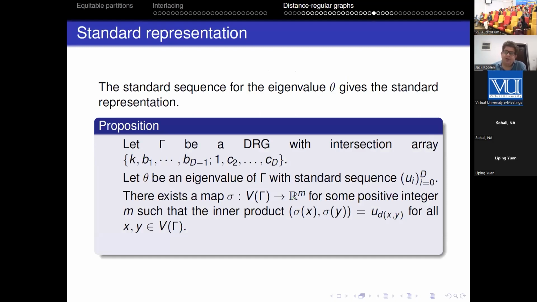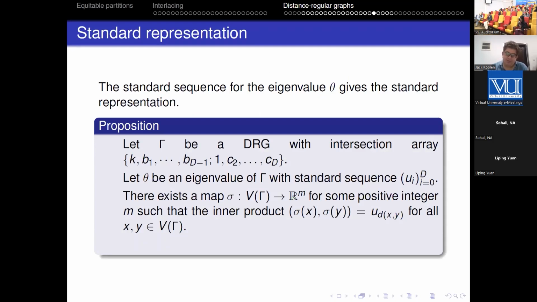And the standard sequence gives us the standard representation. What do I mean by this? We have a θ, an eigenvalue of Γ, and we have the standard sequence u_i.